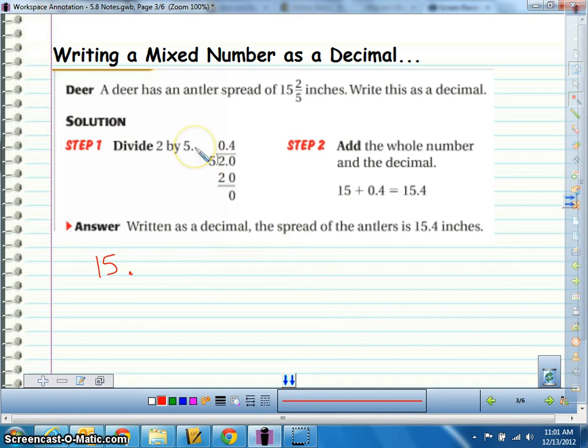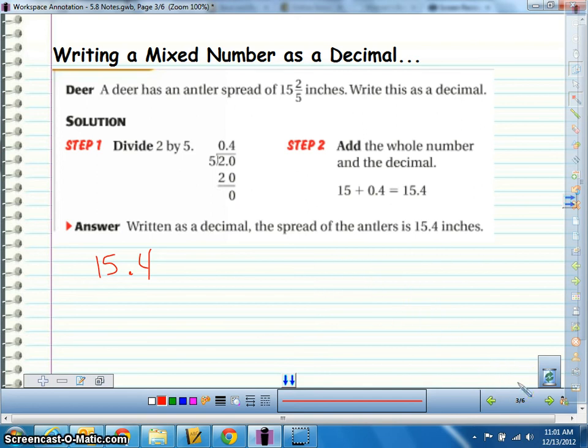I need to take 2/5 and figure out what the decimal for that would be. 2 divided by 5, I would do the work and it becomes clear that the answer is 0.4. So 15 and 2/5 inches is the same thing as 15.4 in decimal form. So the whole number stays the whole number. It just comes before the decimal point.